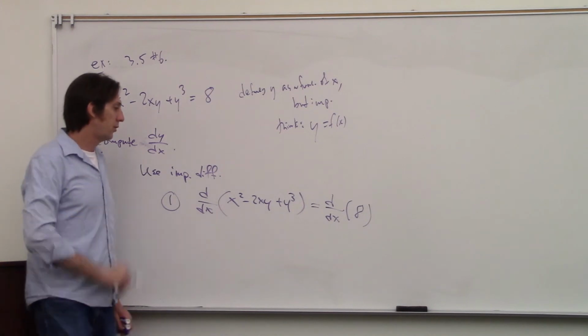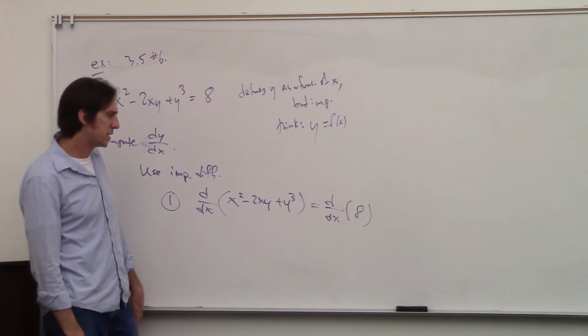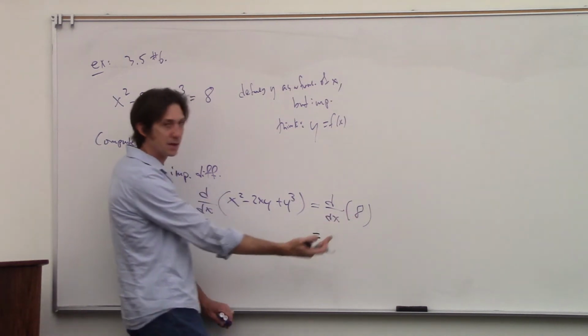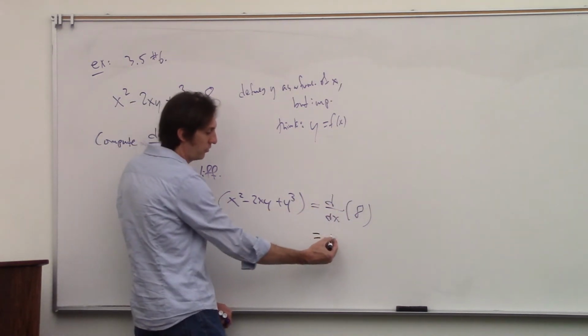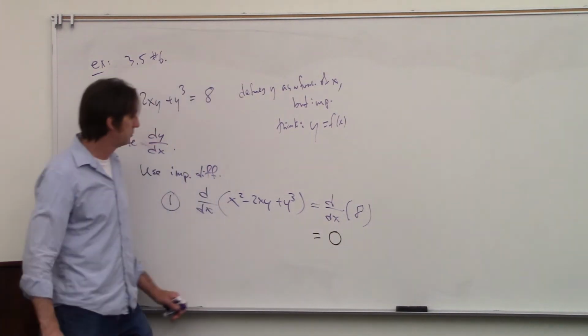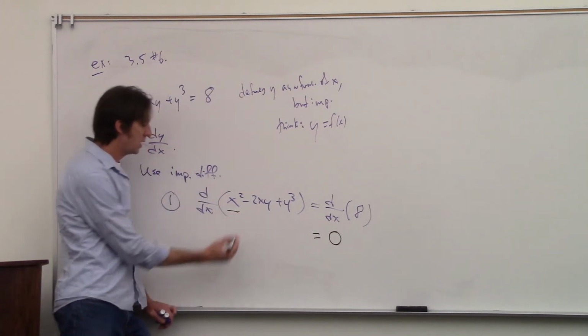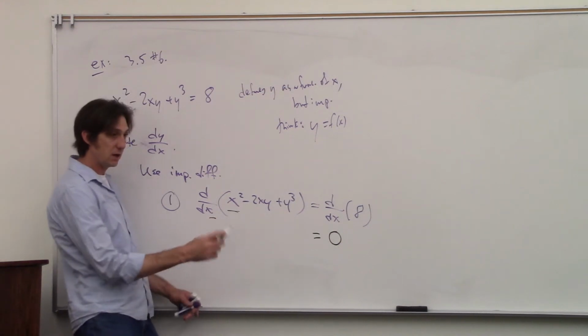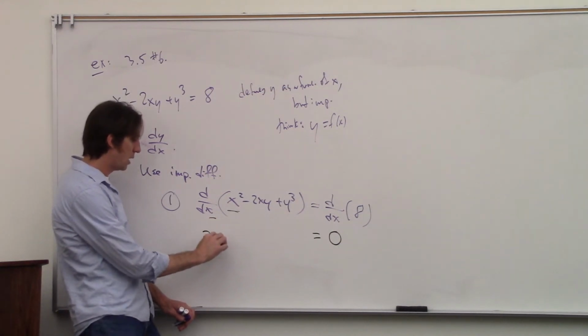We're going to do the next step here in a few steps. On the right-hand side, the derivative of a constant with respect to x is still 0, like it normally is. When I differentiate x squared with respect to x, I just do that in the usual way. So that's 2x.